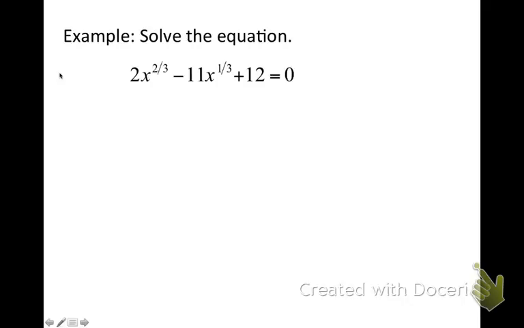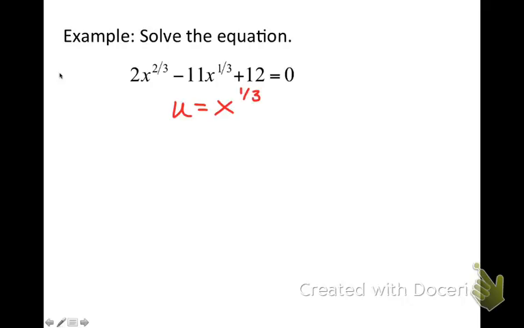2x to the 2/3 minus 11x to the 1/3 plus 12. Which we let our u represent. Let u equal x to what power? 1/3. Good.